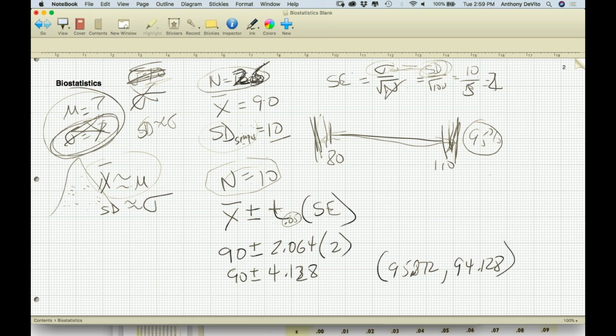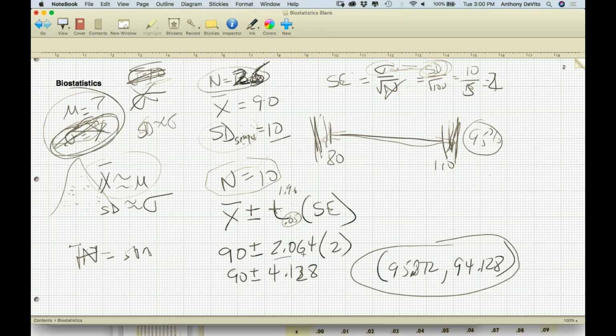Had we known what sigma was, or if our sample size were, let's say, 500, a really big sample size, I would have just simply used 1.96 there. Is this confidence interval wider or narrower than if I had used 1.96? It's going to be wider, right?